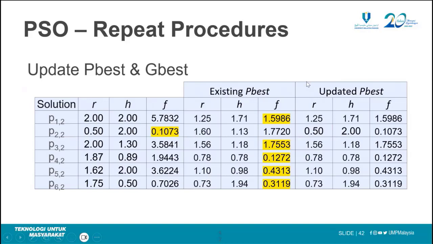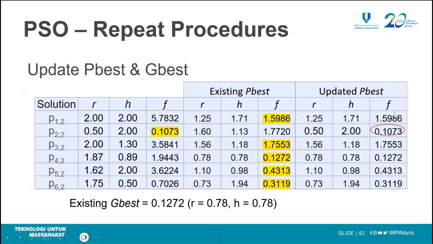Now for G-best. This is the existing G-best from the first iteration, which is coming from P4, this value.